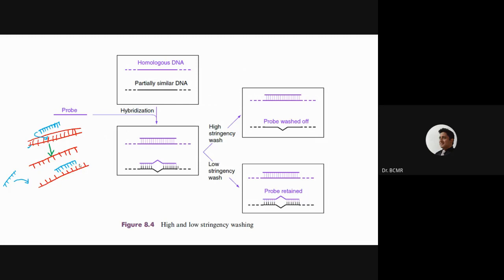Again, looking into it a little closer, where does it bind? Where does it not bind? I will draw a sequence of the probe, right? A, G, A, C, T, A. I've taken a small probe, and I'm also going to take a DNA molecule, a little bit longer.